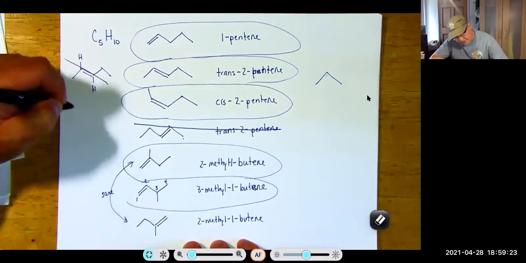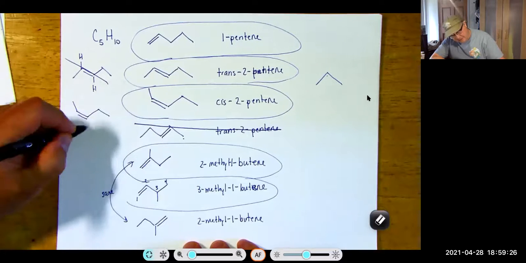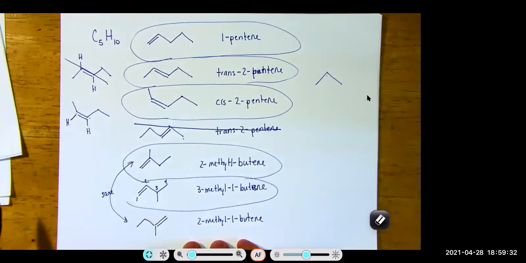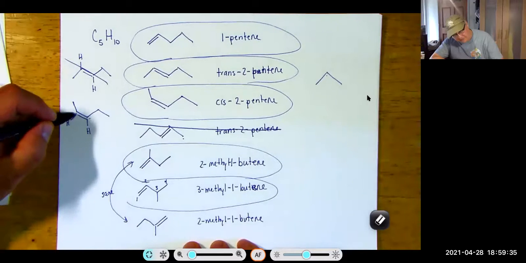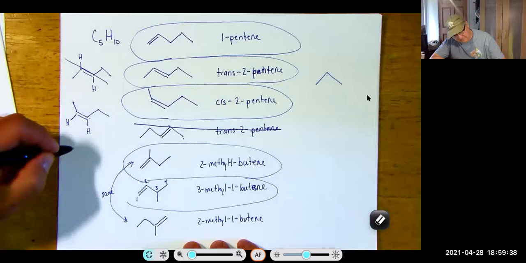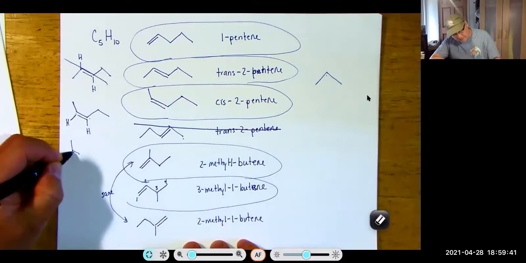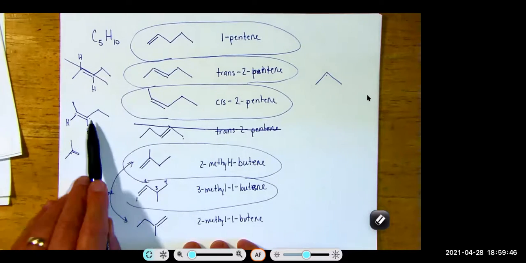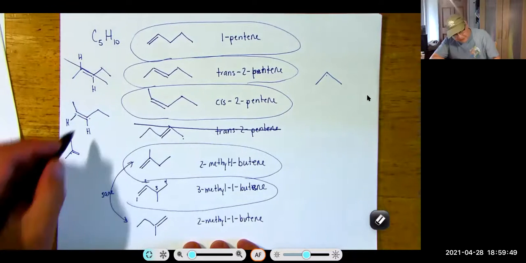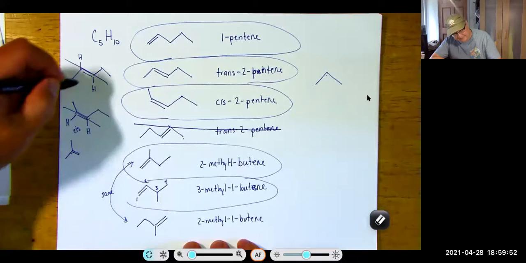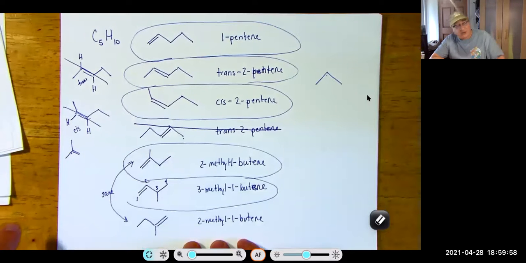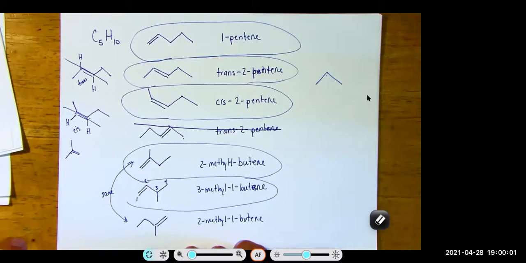And if I do it this way, do both of those look trigonal planar? Doesn't that look trigonal planar? And doesn't that look trigonal planar there? Okay, so these are on the same side, cis. So if you're having trouble seeing it here, you've got to draw the hydrogens in.